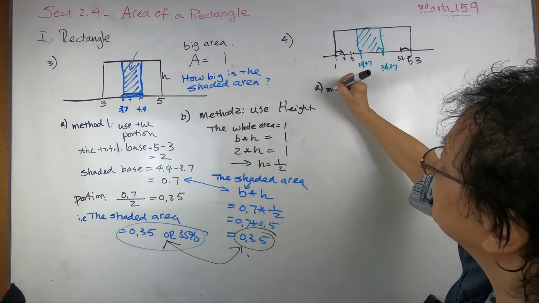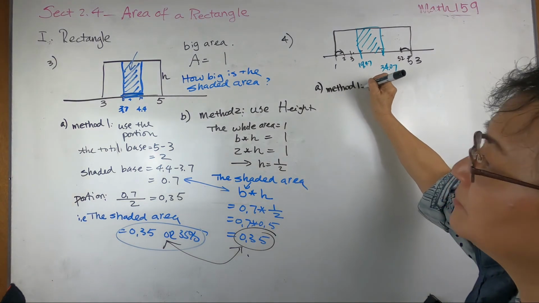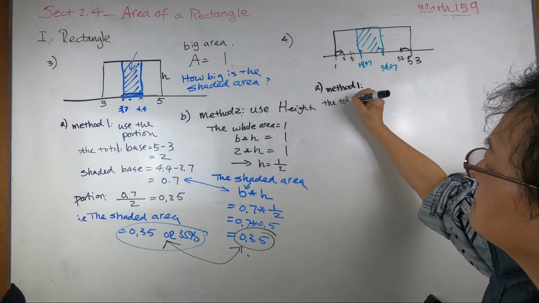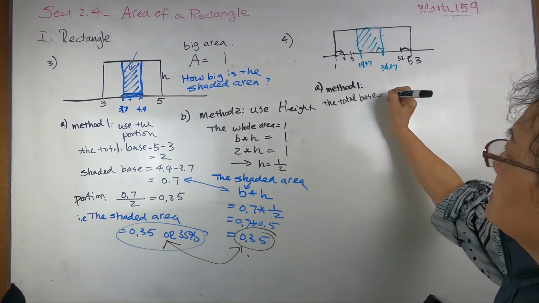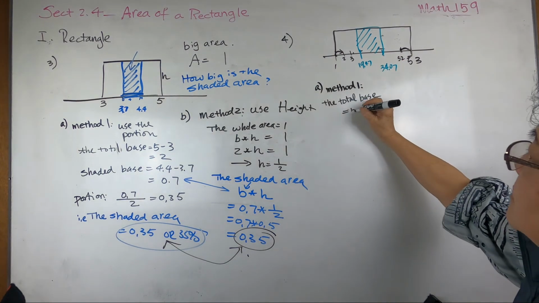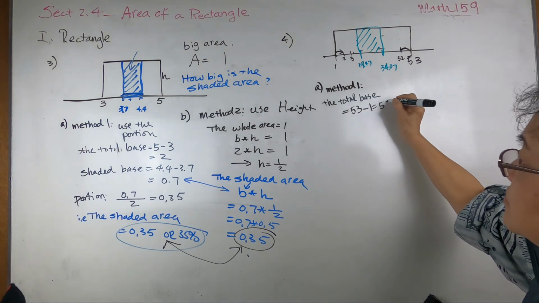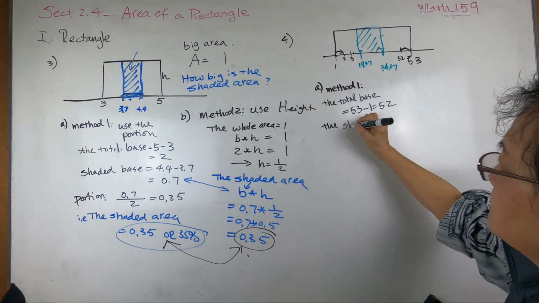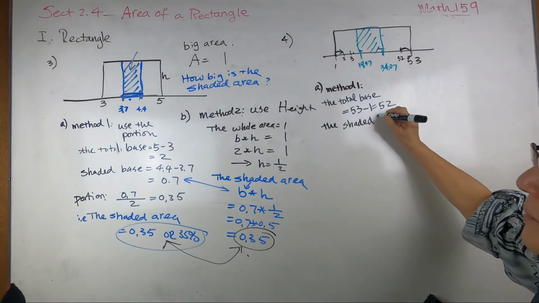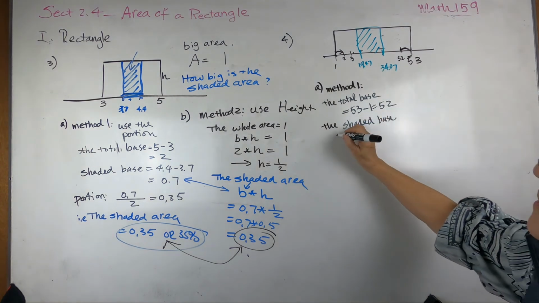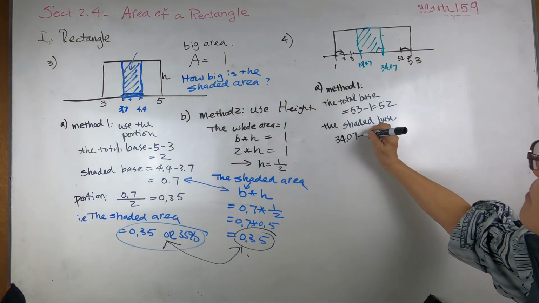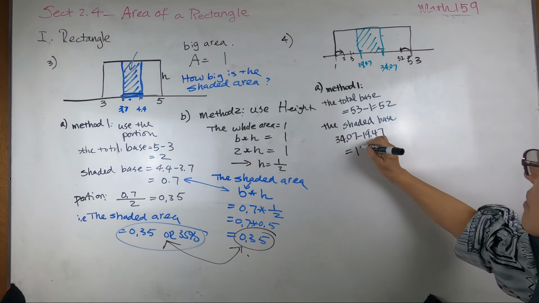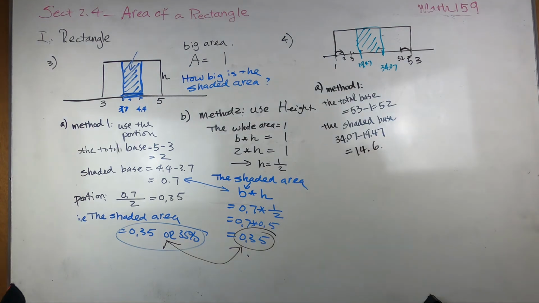So if we use method 1, I just do the comparison, use the portion, right? My total base is 53 minus 1, so it's 52 weeks. Then the shaded base is the difference, 34.07 minus 19.47, which is 14.6, right?